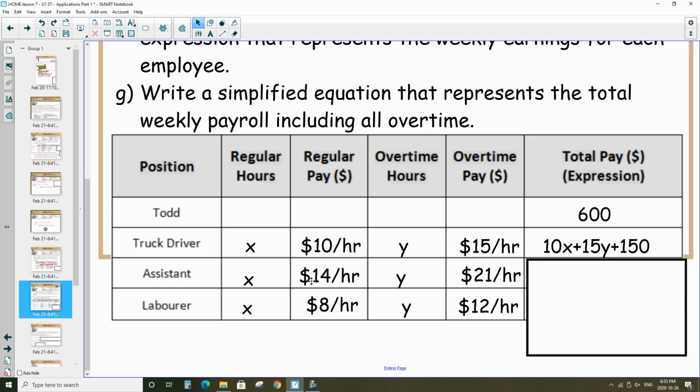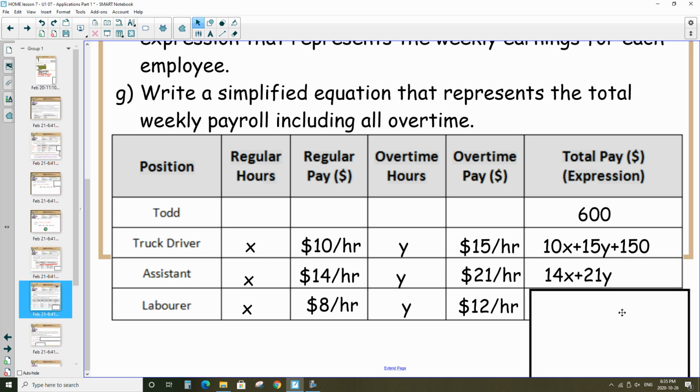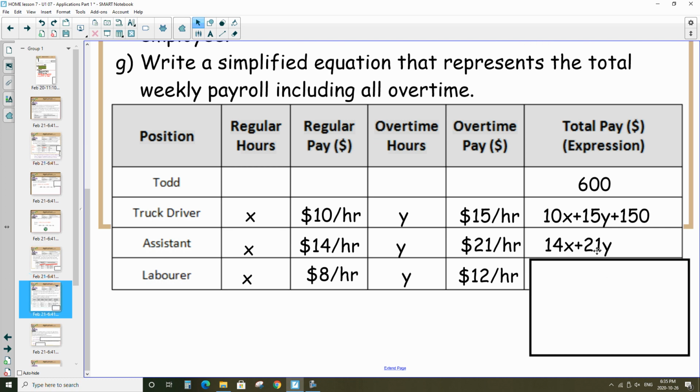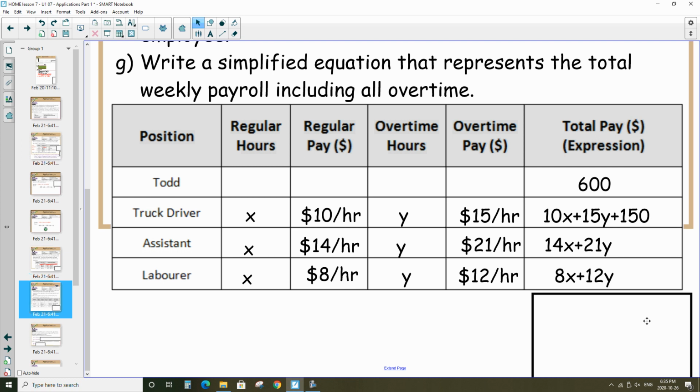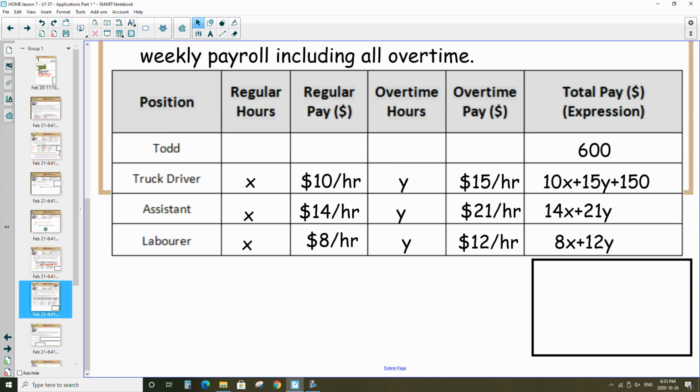The assistant would get paid $14 an hour for the first 40 and then 21 for any hours that are over 40. And then the laborer would get 8 times X plus 12 times Y.